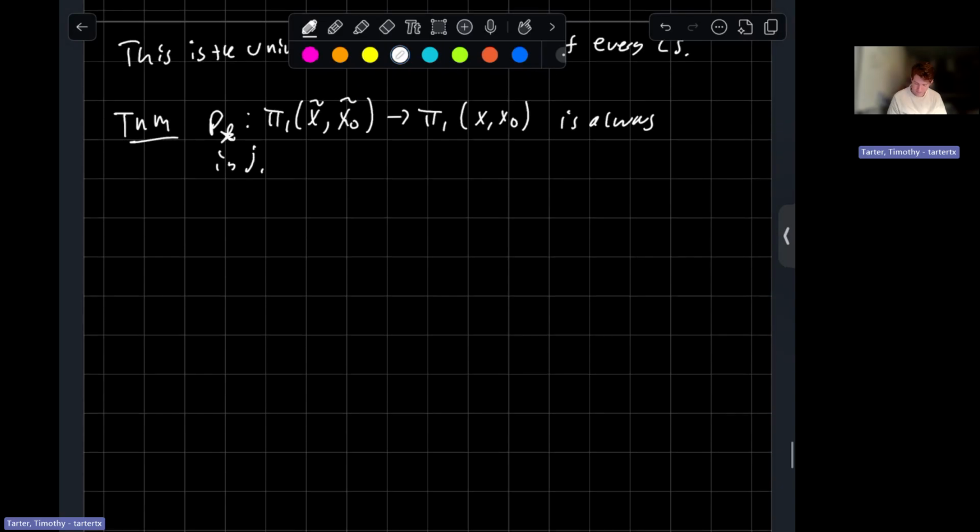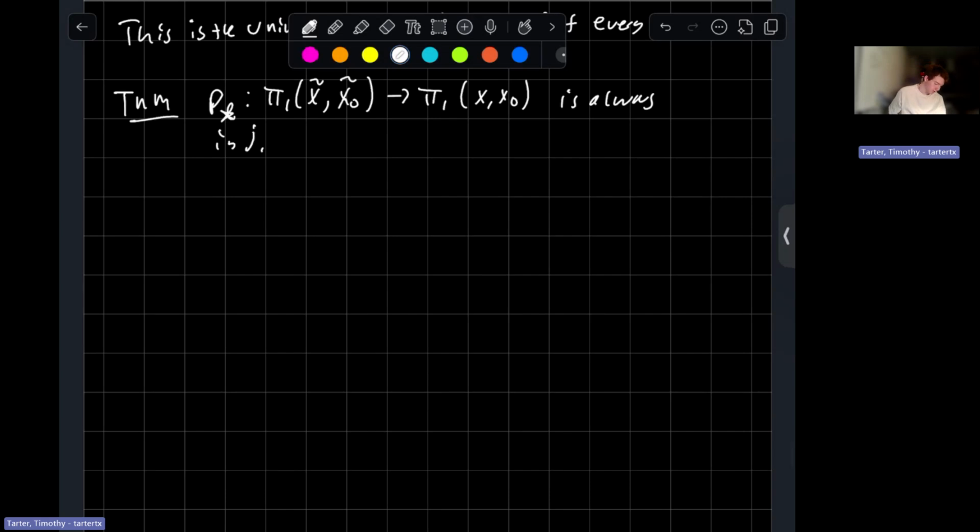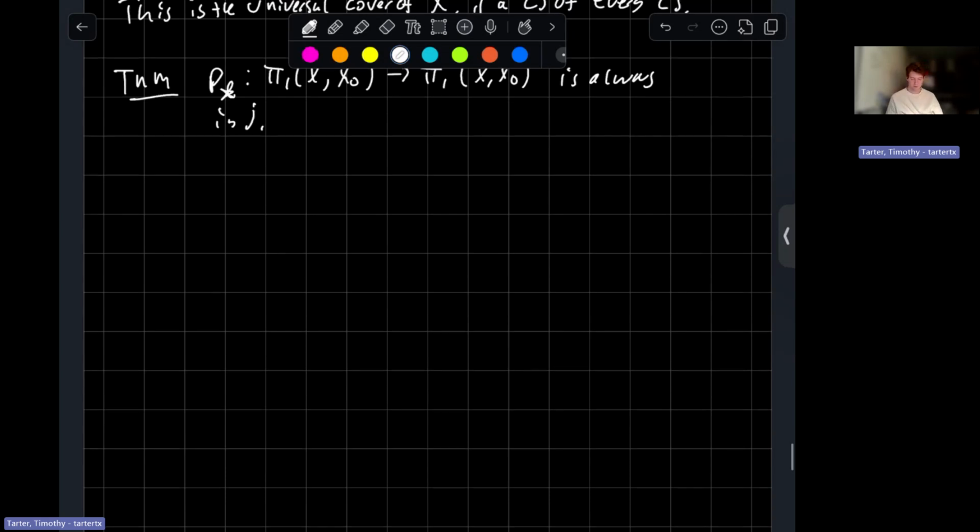Changing the base point just changes it to a conjugate subgroup of the original fundamental group.